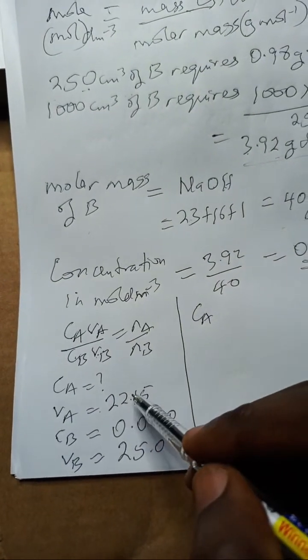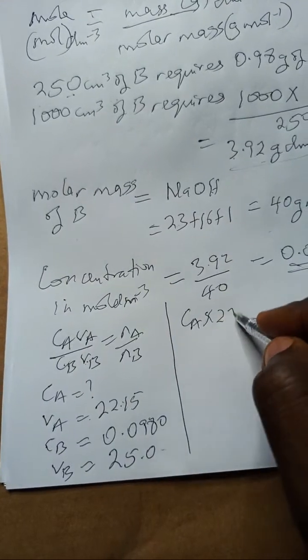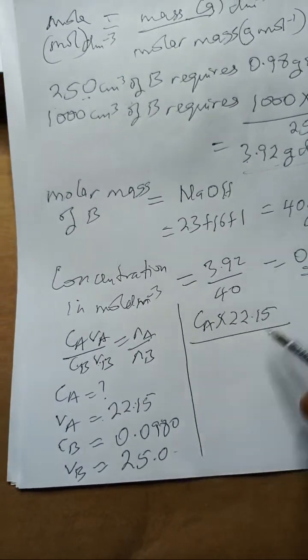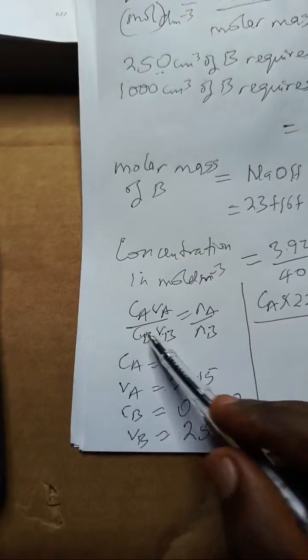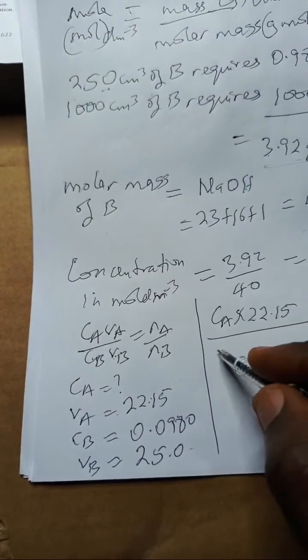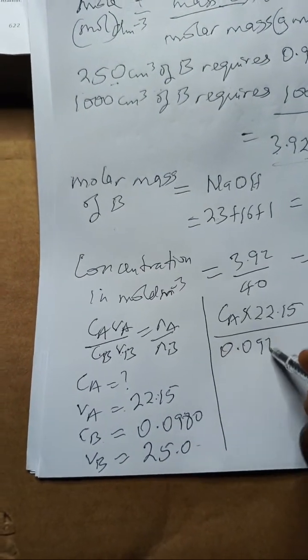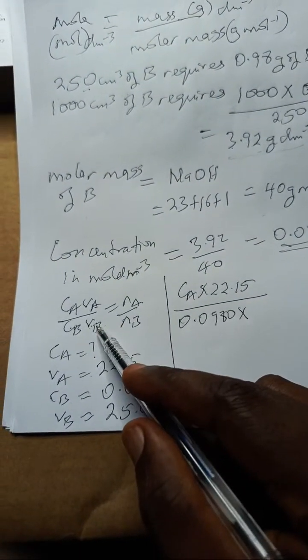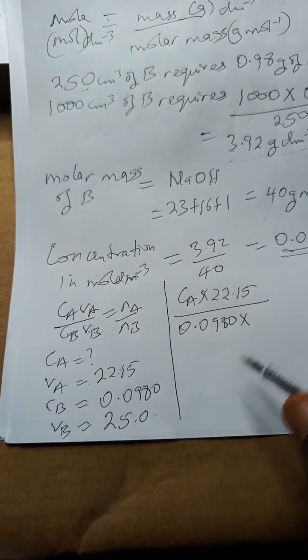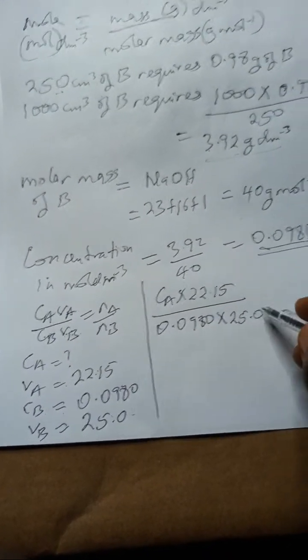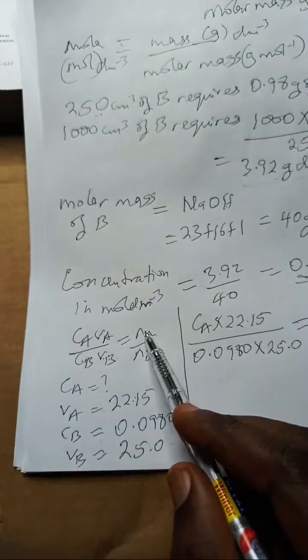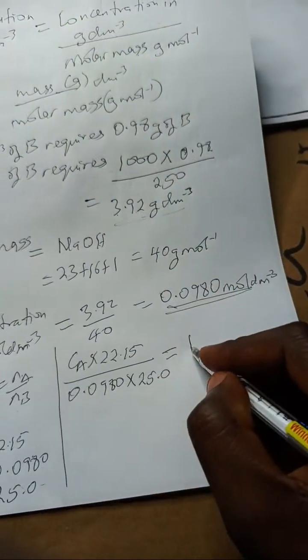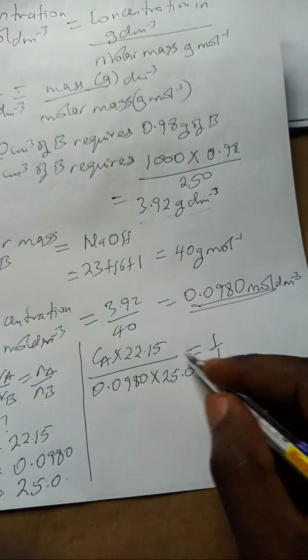CA times VA, which is 22.15, divided by CB times VB, which is 25.0, is equal to NA over NB, which is 1 over 1. So we do our cross multiplication.